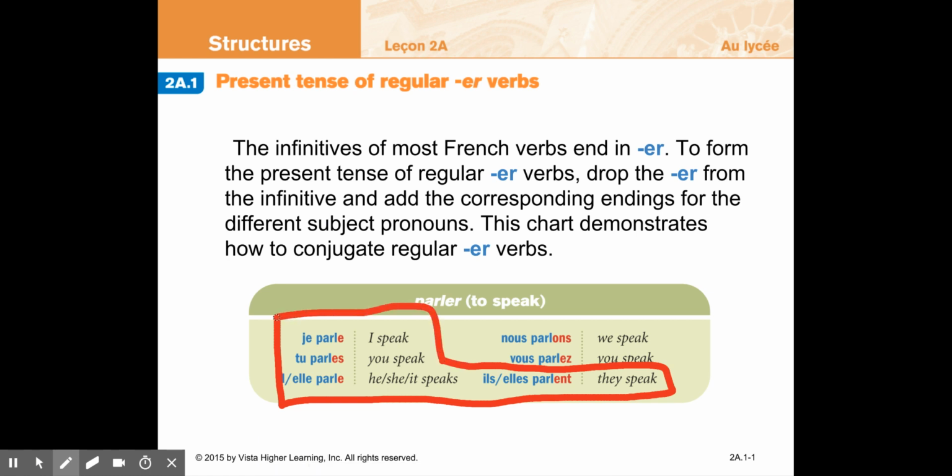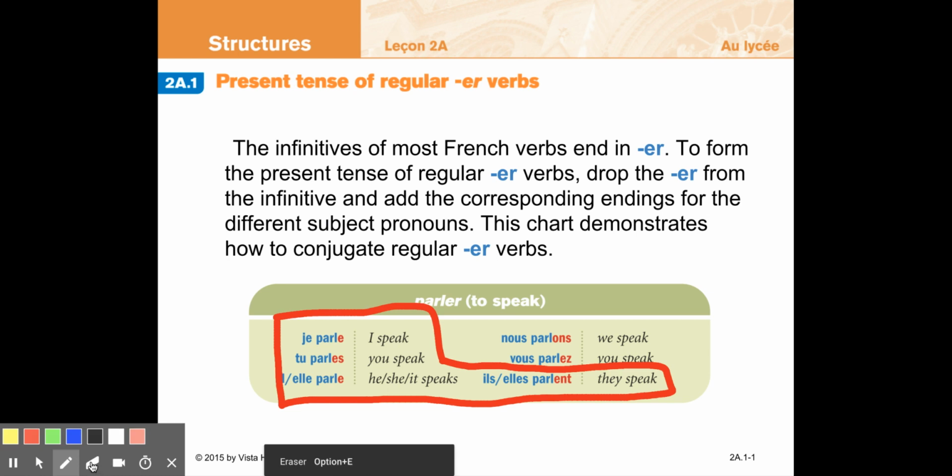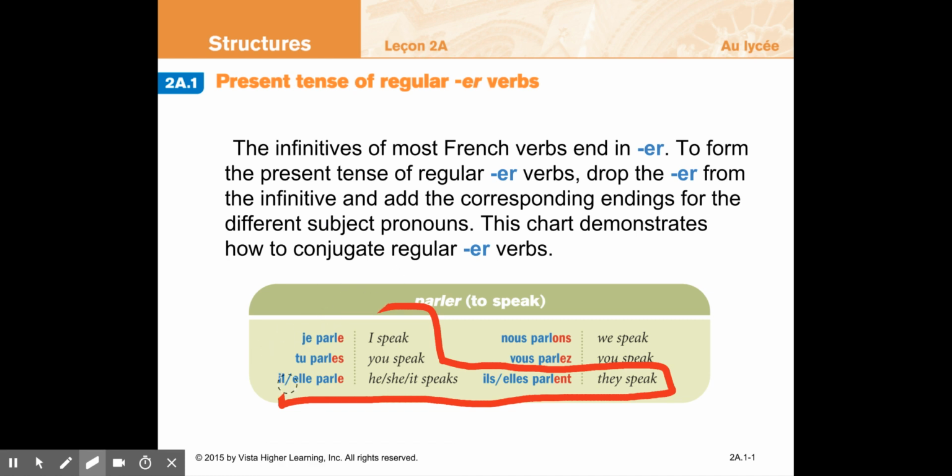Je parle, tu parles, il parle, il parle. So all of those, even though they end in different letters, E, ES, and ENT, they all sound the same when you're speaking. That's one of the differences between French and Spanish, is that you have to actually use the subject because the verbs sound different.